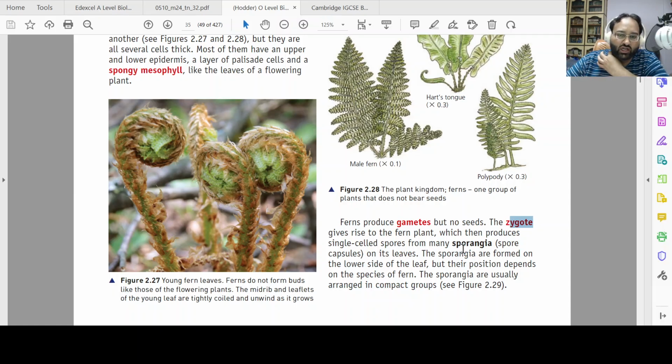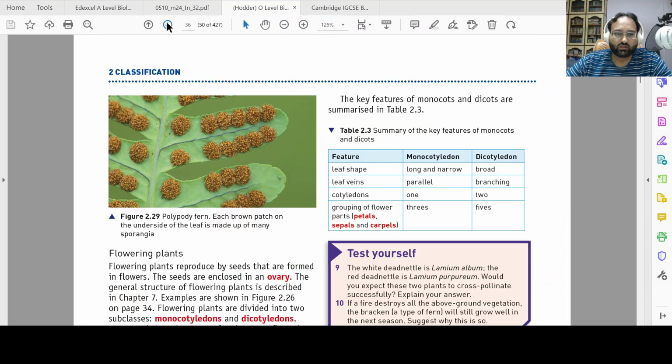So sporangia are spore capsules, and inside the sporangia are spores. Right, these are made on the underside of the leaf, depending exactly where on the underside depends on the species of fern. So the sporangia are usually arranged in compact groups, and we can see that in this image over here.